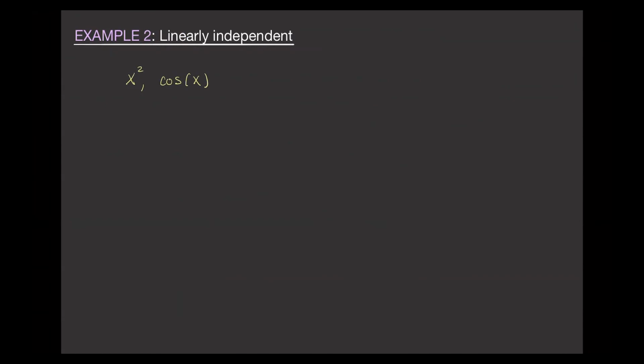The linear combination is simply this sum, where we have x squared times some a1, and then we add to that an a2 times cosine of x. Just for your reference, this is a linear combination of these two.